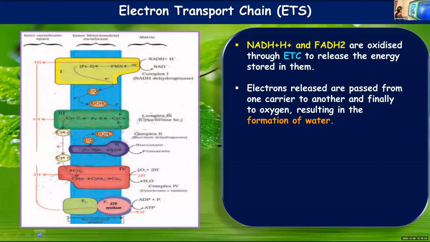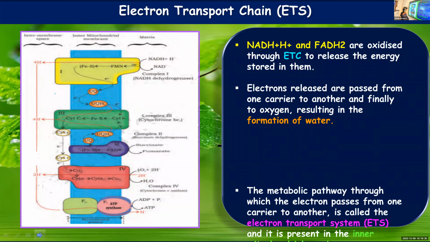Electrons move through a series of complexes or electron carriers. Its final destination is an oxygen molecule. Once it reaches there, it will result in the formation of a water molecule.